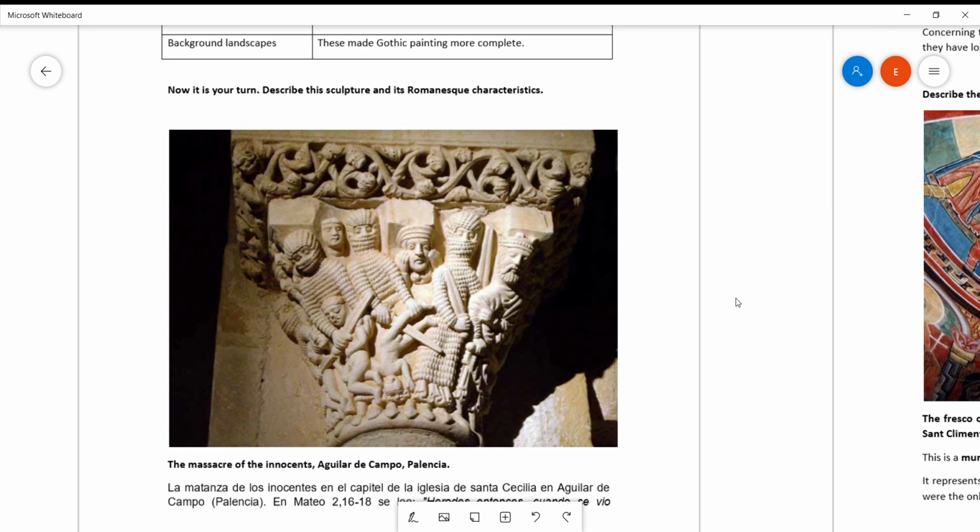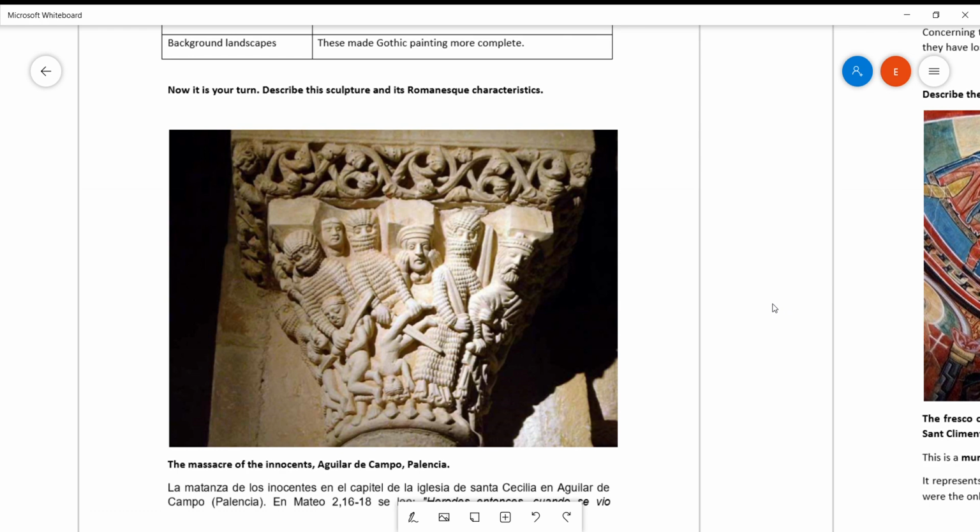Even if you don't know the story, you have to know that there is always a religious subject, so this is pretty easy. But you can not only say this is rigid and schematic, you have to try to find some examples in the sculpture that support your idea.